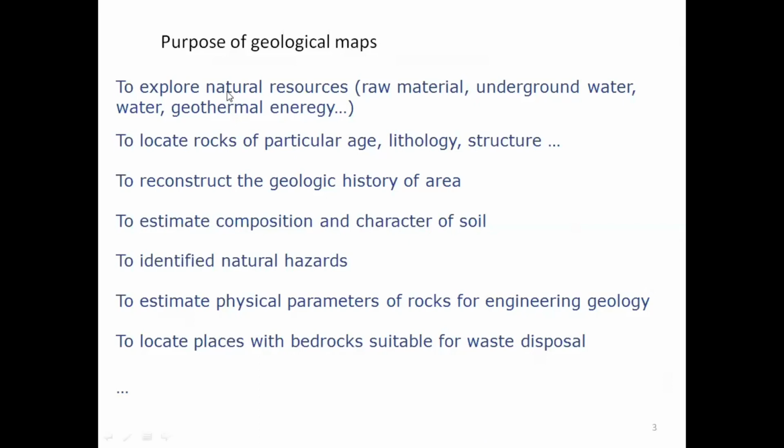For example, if you are looking for oil and gas, or for salt, like a few days back one of my friends was trying to delineate the salt in the Salt Range. They were trying to find out where the salt, and maybe coal sometimes as well, where the coal seams are present. They just try to mark the location on the geological map.